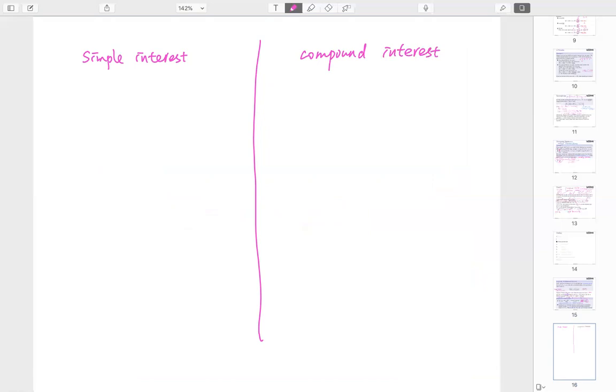By definition, this is X times (1 plus I). So basically, I'm doing a side-by-side summary of the two interest forms we have studied so far. So let's calculate this.